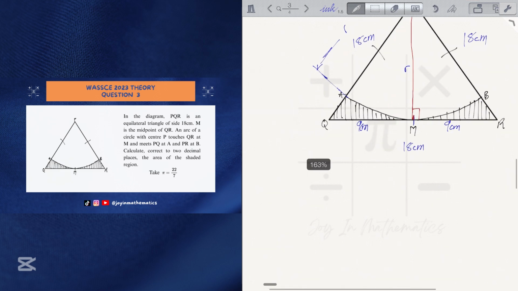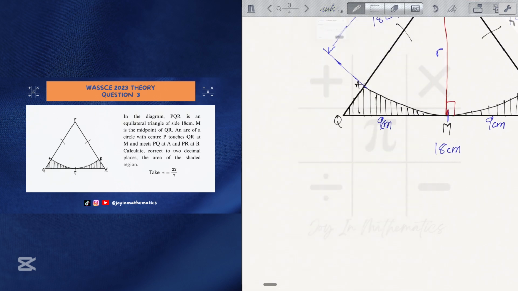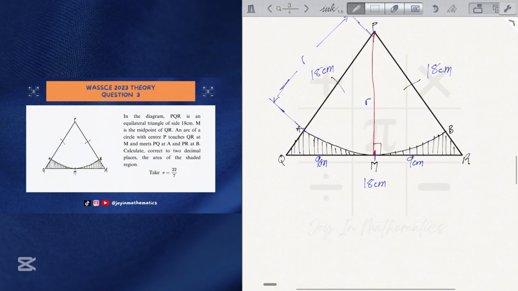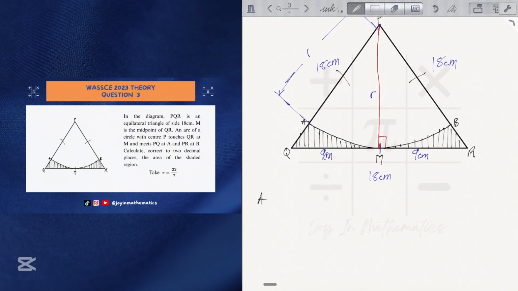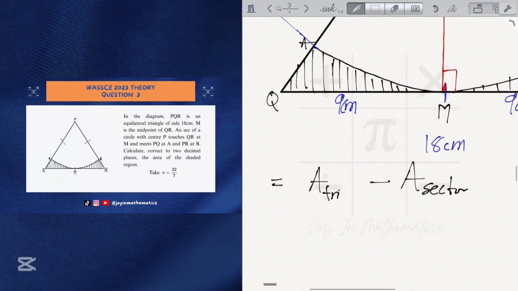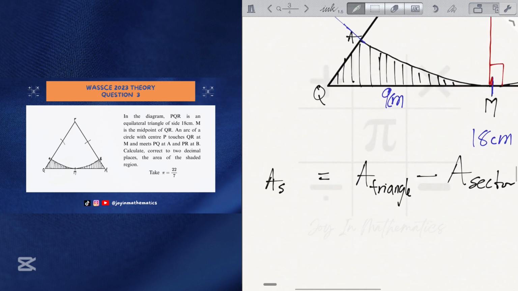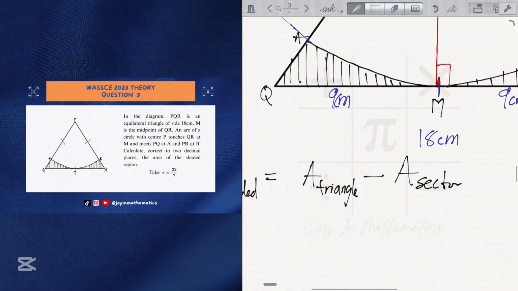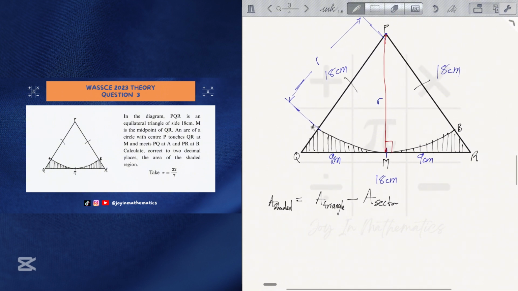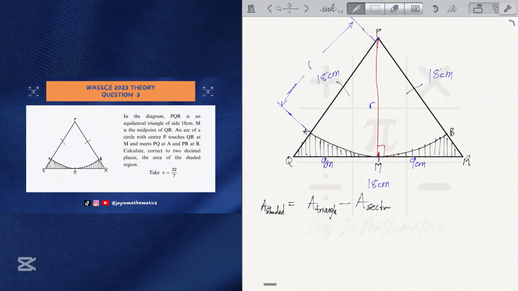In simple terms, the area of the shaded region will be the area of the triangle minus the area of the sector. Let's write it in full, and instead of S, we'll just write shaded. So let us find the area of the triangle in this case, and also the area of the sector.